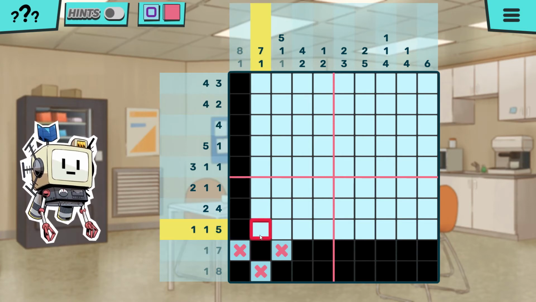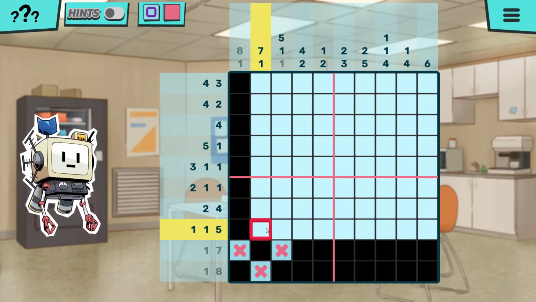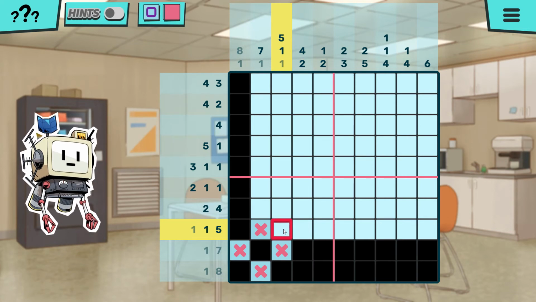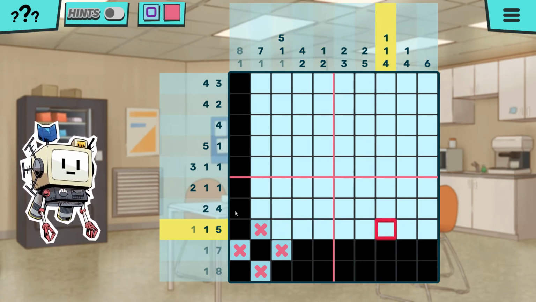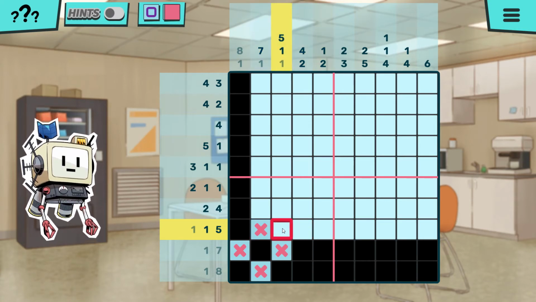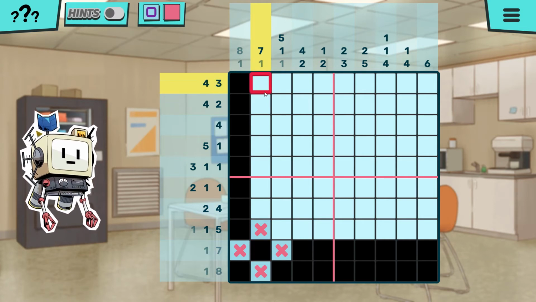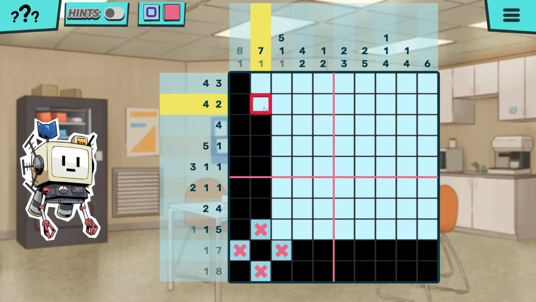Alright, 1, 1, 5, I'm pretty sure might also be auto-fillable. This has to be blocked. If I put in 1 here, let's try this out. And a block off 1, I can still fill it. Okay, so that's not yet doable. Alright, we've got a 7 and 1 here though, so that's mirrored from the one down here. So I can just fill that one out.